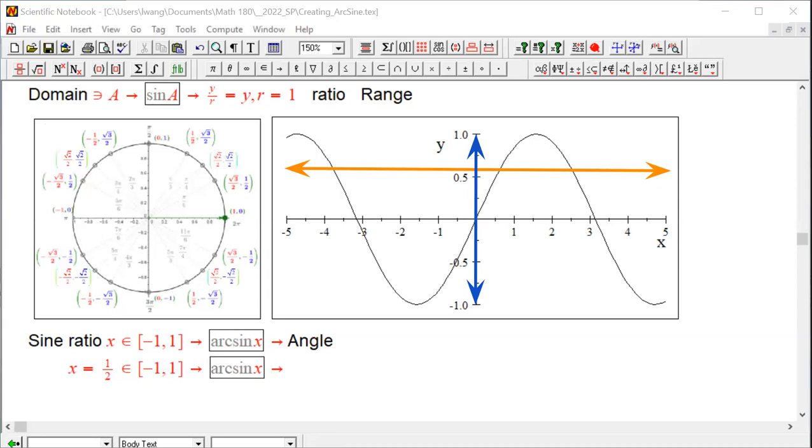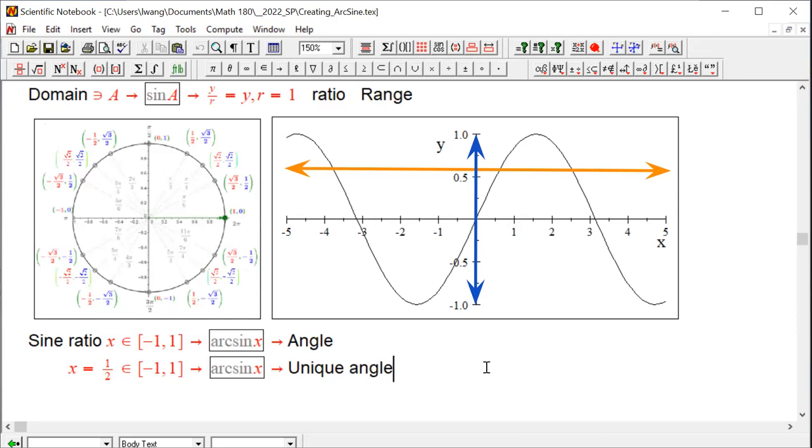So some of the outputs have to go, right? From the unit circle's perspective, we have to truncate, we have to cut off something. So now the ArcSine rule says we can only produce exactly 1, a unique angle.